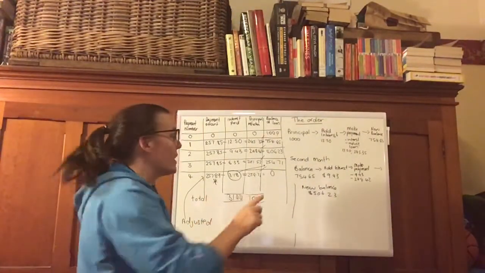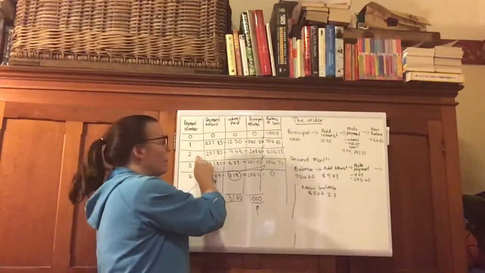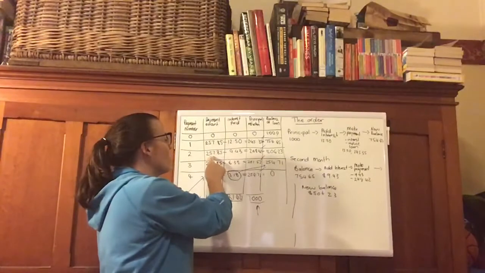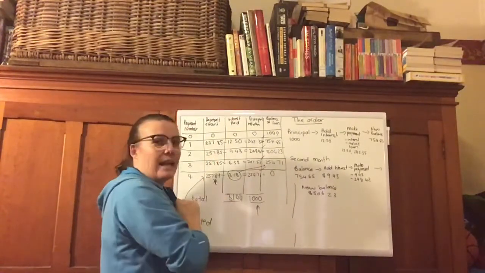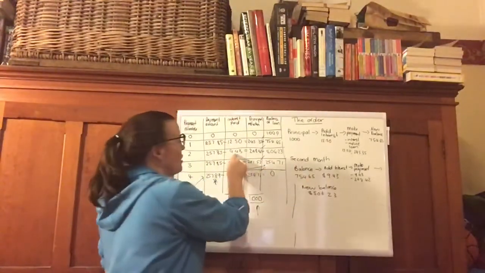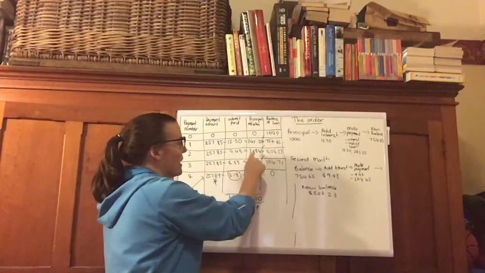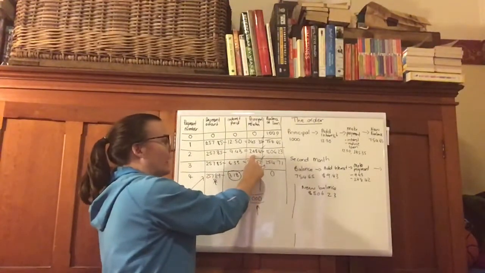Let's look at the next line. We're going to have payment number 2. Payment number 2 is also for $257.85. Remember, the interest this time is $9.43. So that minus that equals $248.42.